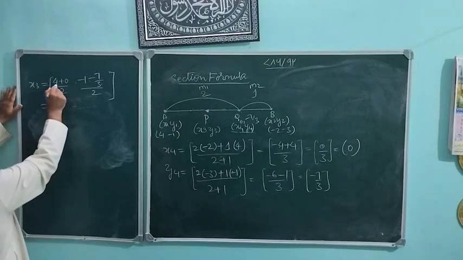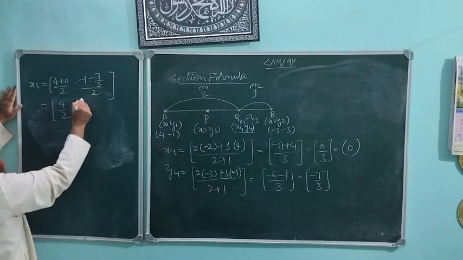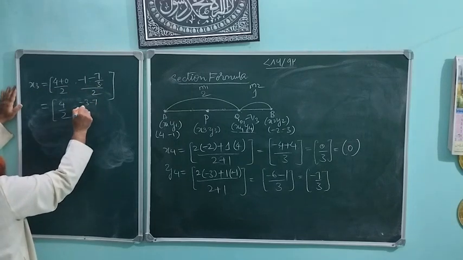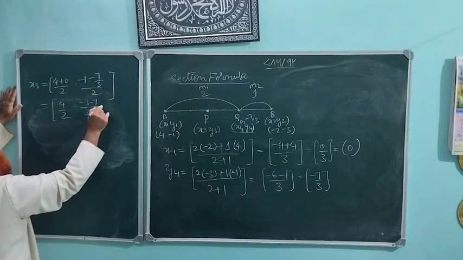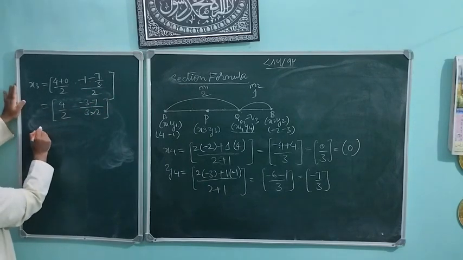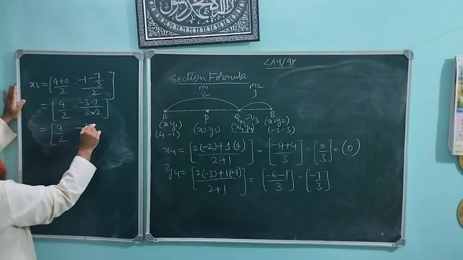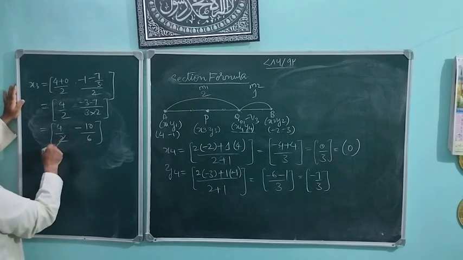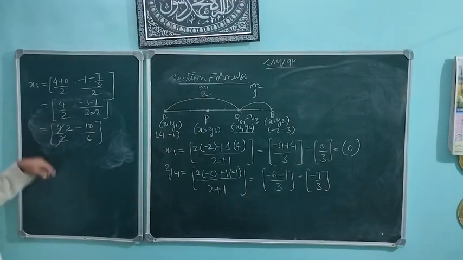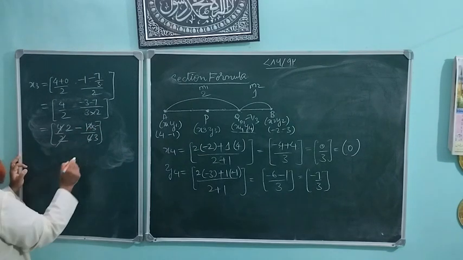Alright, 4 plus 0 is 4 divided by 2. 3 ones are 3, minus 3 minus 7 by 3, and the 2 comes to the lower part, it will be 3 into 2, which is equal to 4 by 2, minus 10 by 6. 2 ones are 2, 2 twos are 4 by 2, 2 fives are 10 by 6, this is minus 5 by 3.